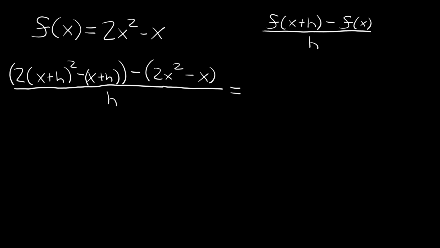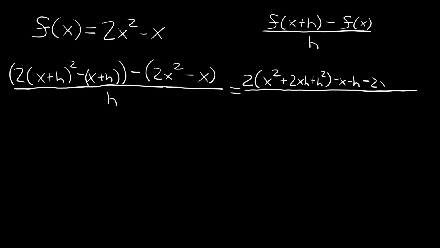We can expand x plus h squared, distribute the negative sign of x plus h, then distribute the negative sign before 2x squared minus x. So 2x squared plus 2xh plus h squared minus x minus h, then minus 2x squared plus x all over h.